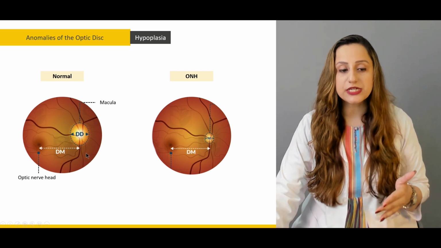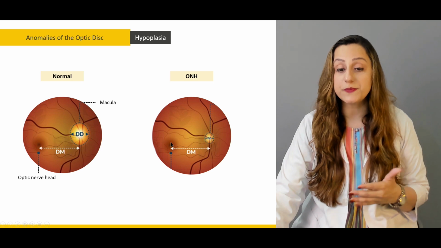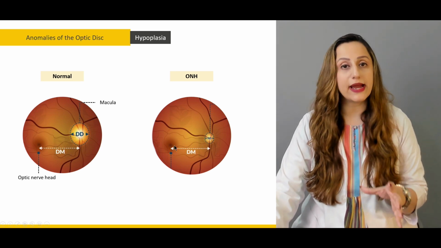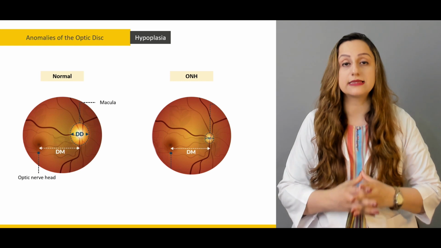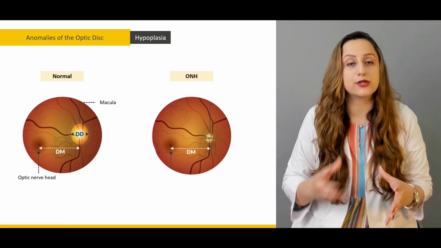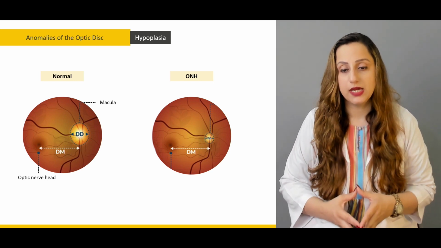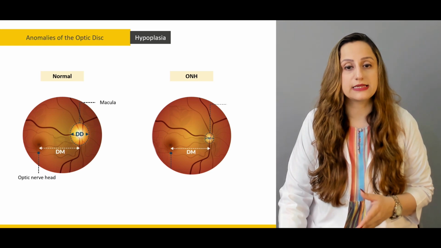So we have the optic nerve head, as you can see over here, and this is basically the review. As you can see, the optic nerve head is quite smaller in size. That is the main clinical feature or presentation that is quite helpful in the diagnosis of optic nerve hypoplasia in these individuals.